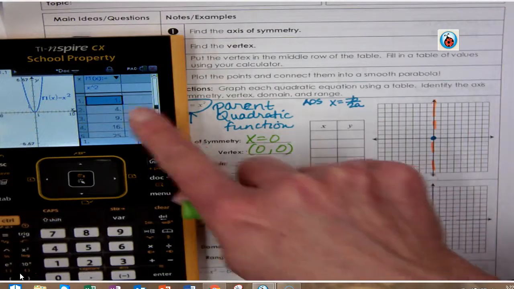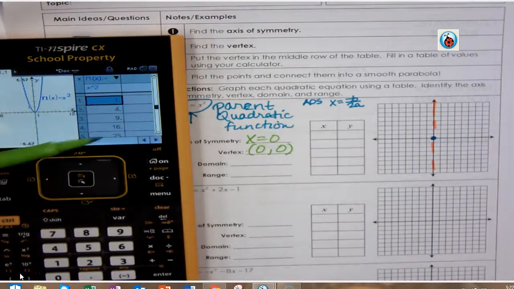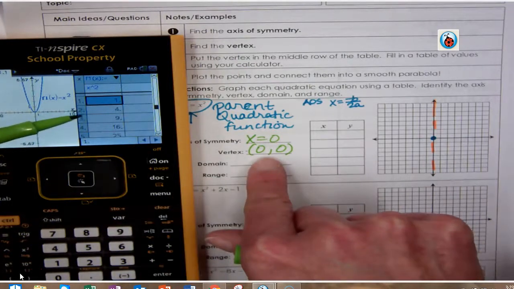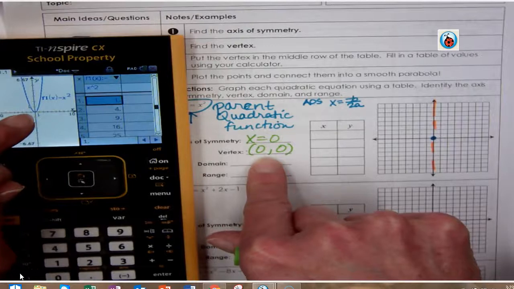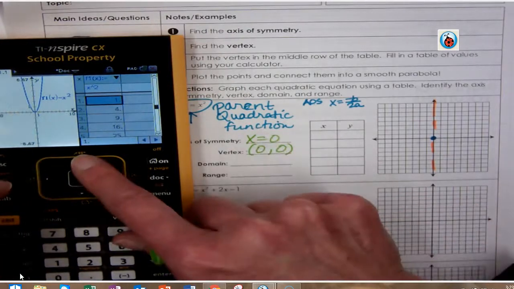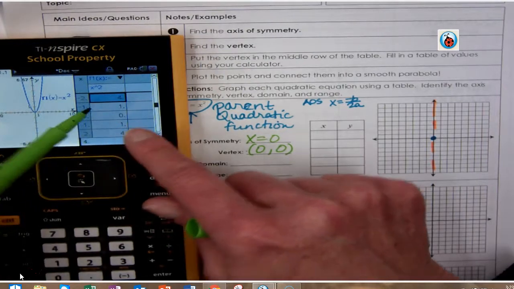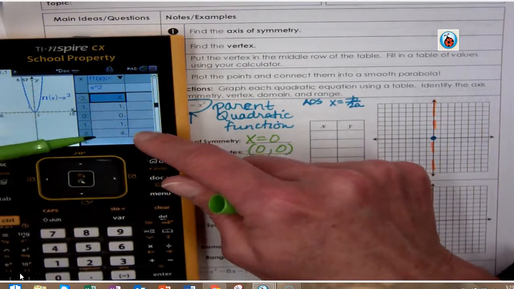So I am not going to write random numbers in my table. That does nobody any good. Please do not do that. Make sure that you are finding your vertex either by the graph or by your formula, and putting it in the middle of your table so that you've got a couple above and a couple below.